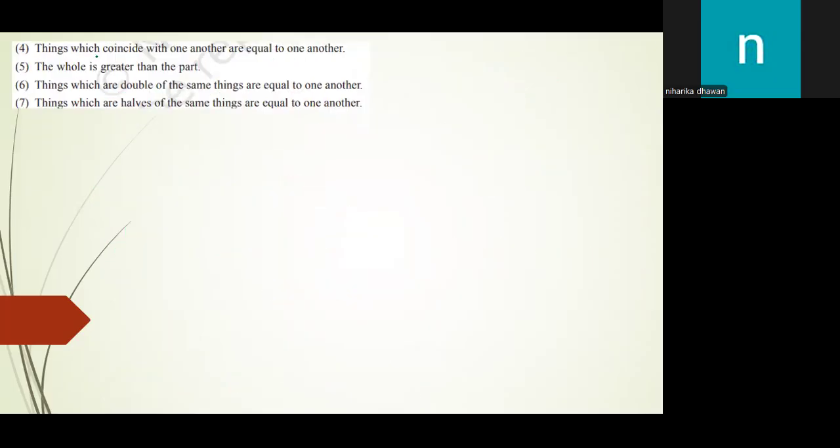Things which coincide with one another are equal to one another. Coincide means, like if I draw any two straight lines, like if I have drawn this line, now if I draw one more line which coincides with this one, like this. Since these two lines are coinciding with each other, it means they are equal to one another.